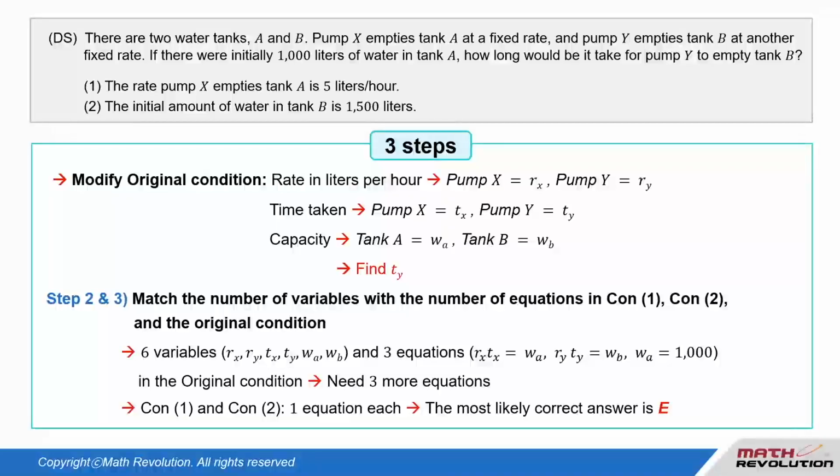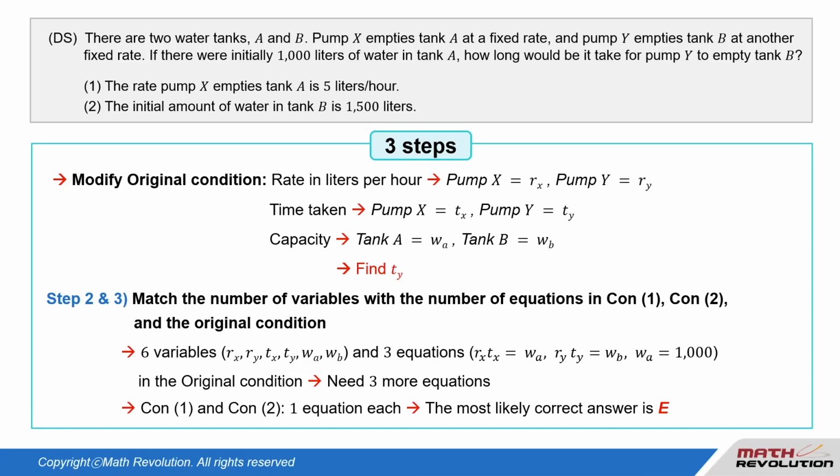Follow the second and third steps. From the original condition, we have 6 variables: Rx, Ry, Tx, Ty, Wa, and Wb, and 3 equations. Rx times Tx equals Wa, and Ry times Ty equals Wb, and Wa equals 1,000.